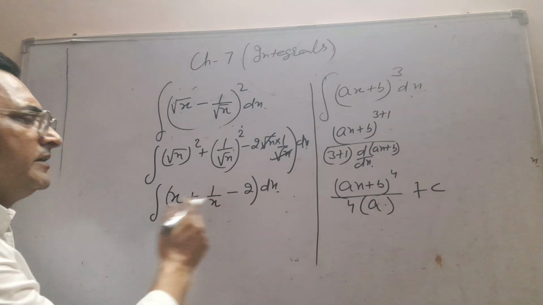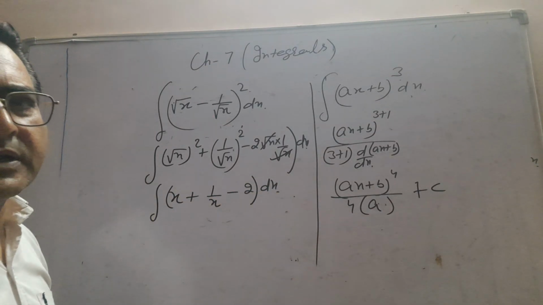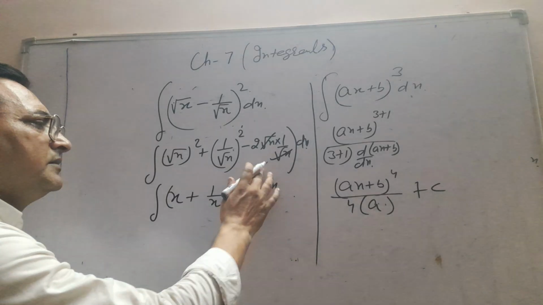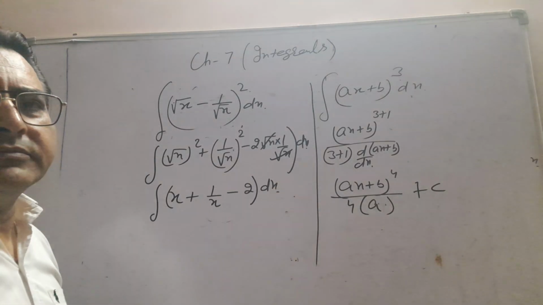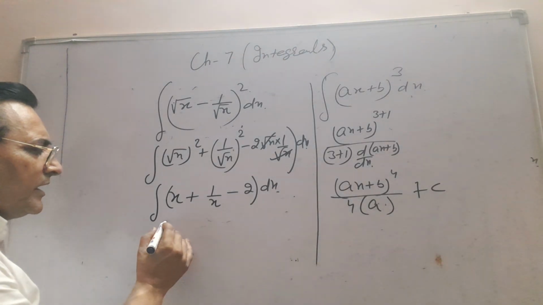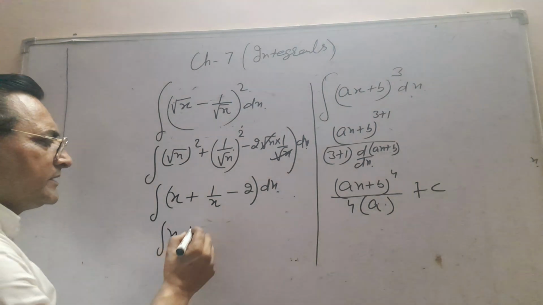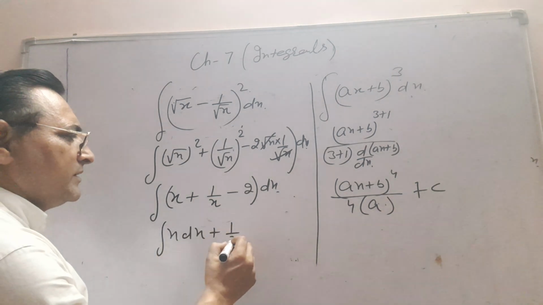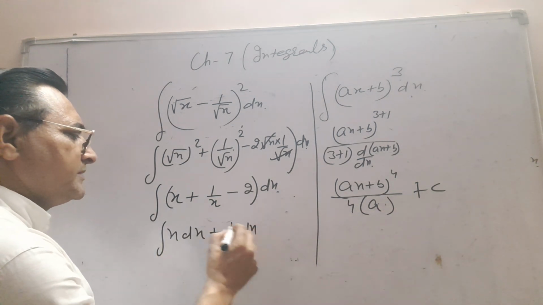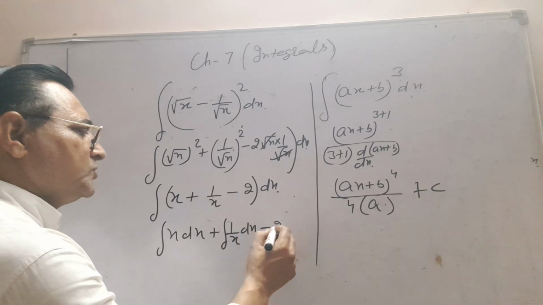Now there are three terms, but the whole power is 1, so we can separate the terms. We can write here x into dx plus 1 by x into dx minus 2 into dx.